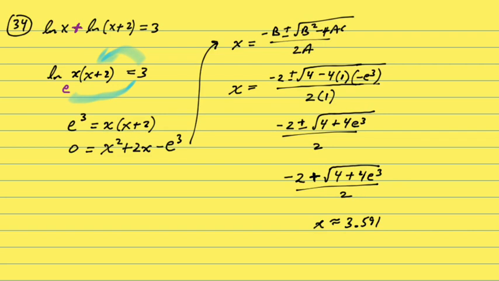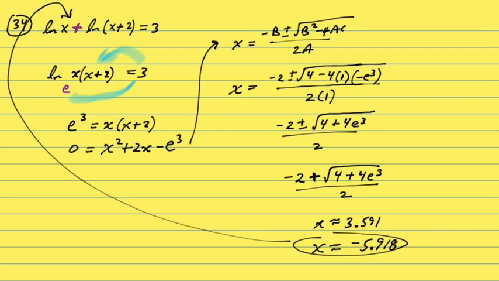What if I had negative 2 minus the square root of 4 plus 4e raised to the third? Take that number divided by 2. And this is negative 5.918. If I put that in, that would create the log of a negative, which I can't use. So there's really only one solution. There it is in precise form and as a decimal.